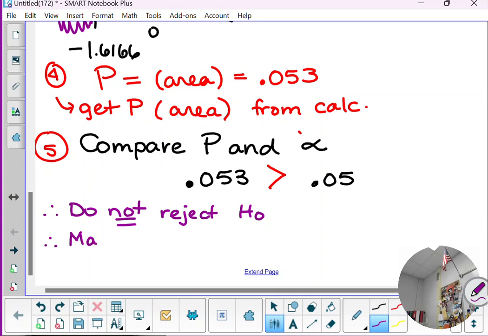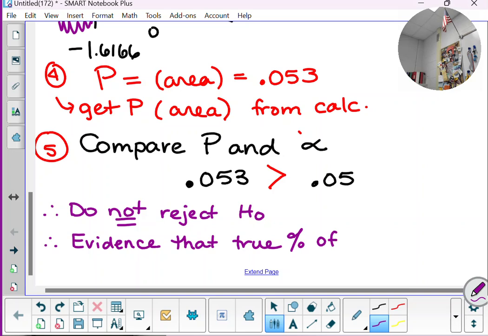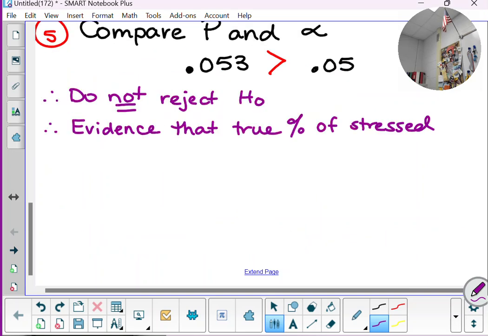Which means there's evidence. There's a little bit of evidence that the true percentage of, what were these? These were like stressed employees.